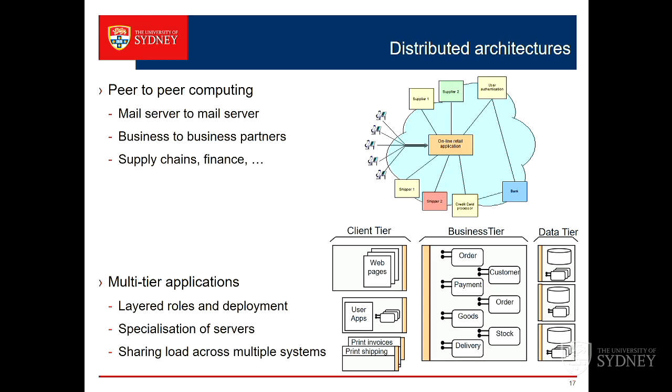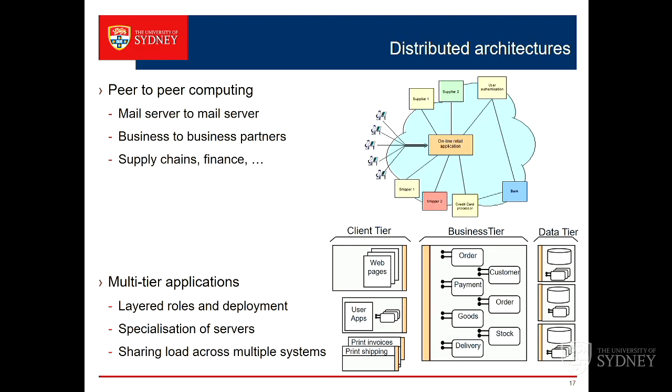They're peer-to-peer messaging. But we also have distributed applications like this, which is layered, tiered, where we say, okay, we're really only doing one sort of application, and we're going to distribute it amongst different physical bits or different logical bits of our system, and we're going to do strong layering. So we've got a client tier.